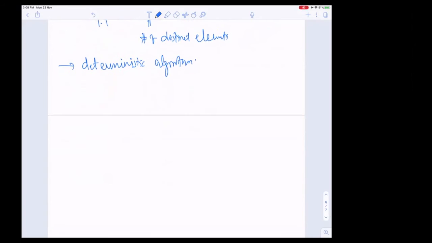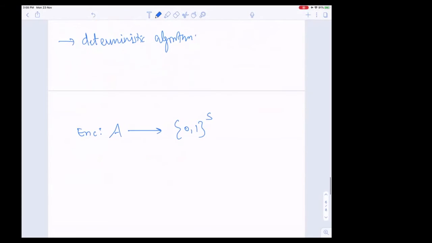I still would like to do the same thing. I would like to come up with an encoding function, with some set A in {0,1}^s. If A is large enough, suppose A is 2 to the power n by 1000, then what can I say about s?